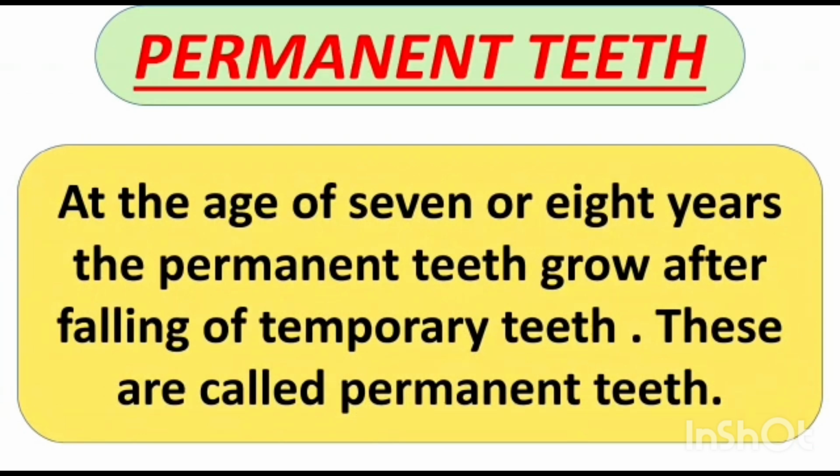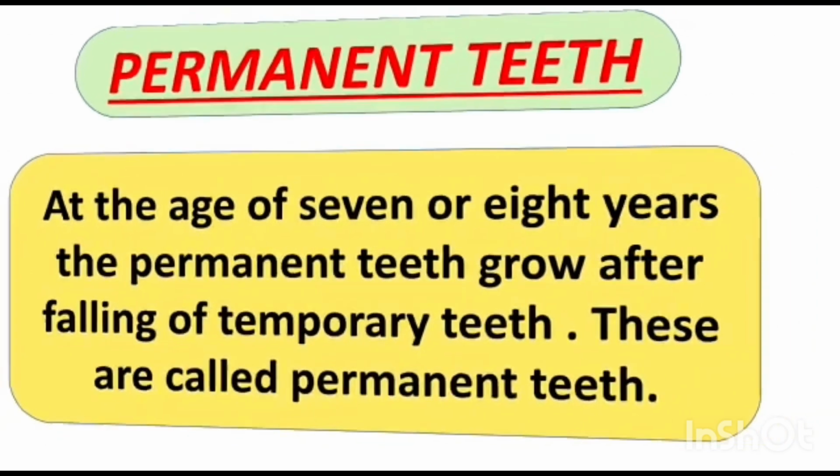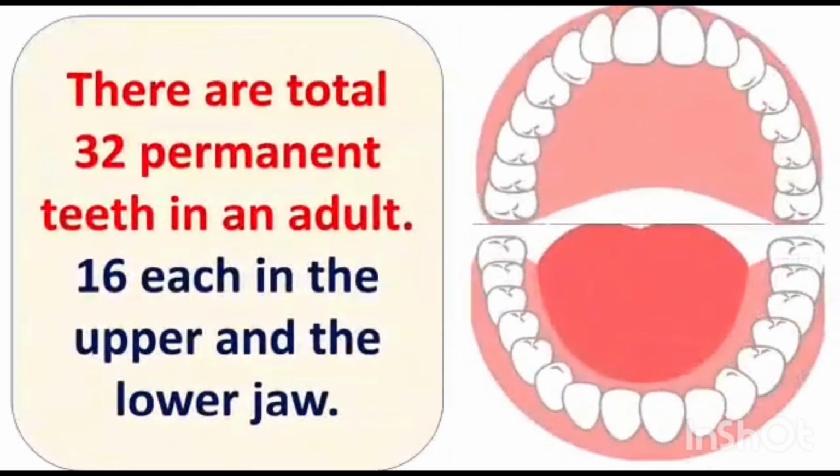These are called permanent teeth. There are a total of 32 permanent teeth in an adult, 16 each in the upper and the lower jaw.